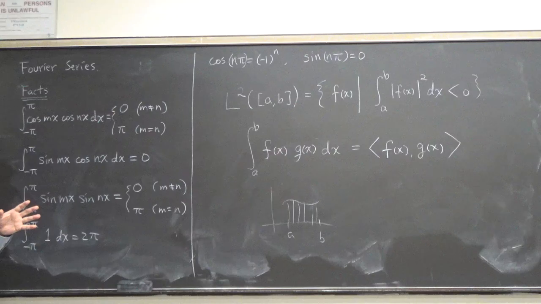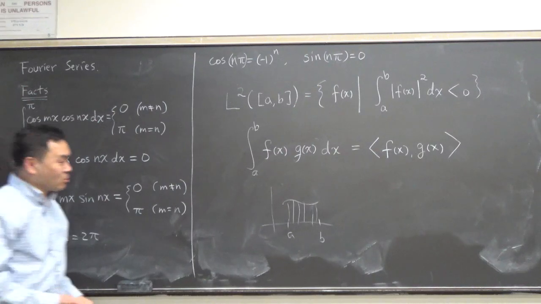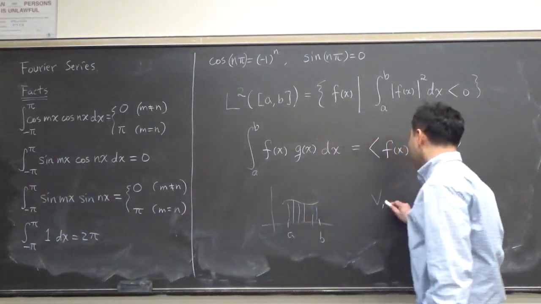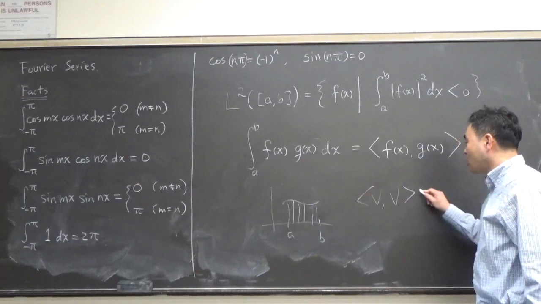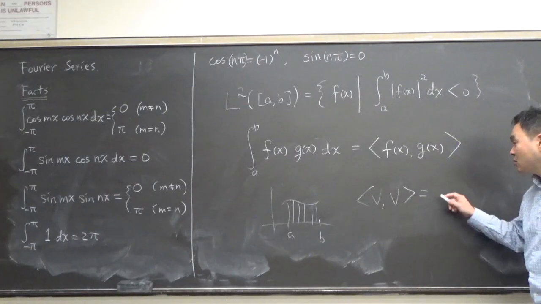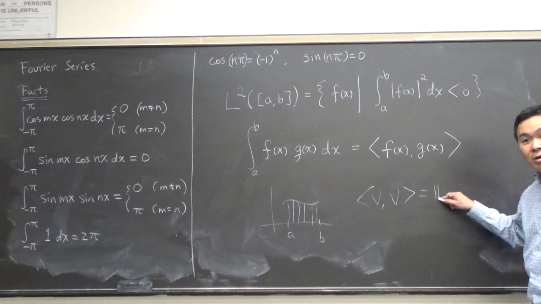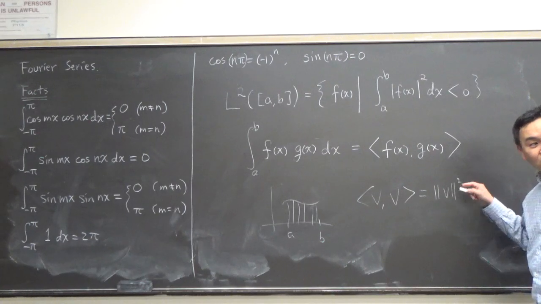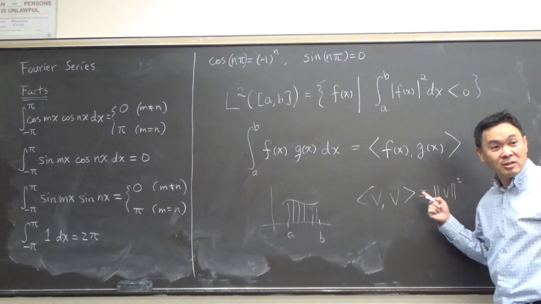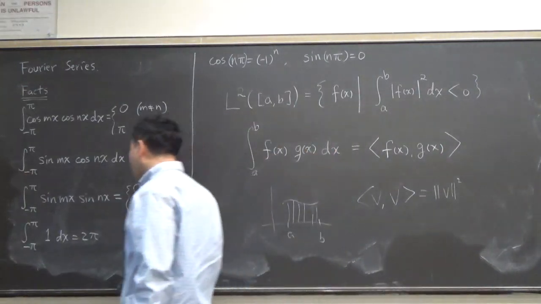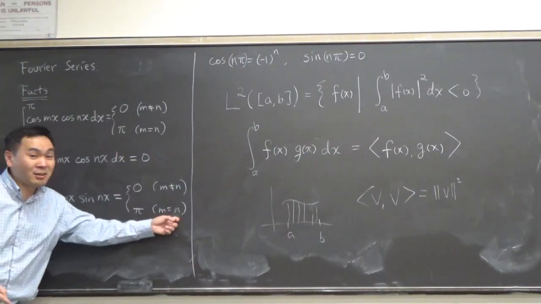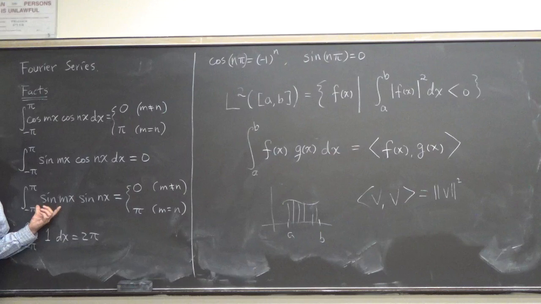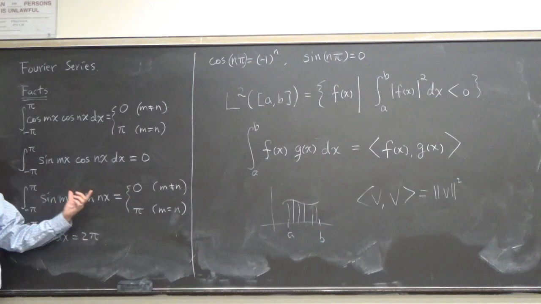Of course, here's another thing. If you have a vector dot product with itself, this is always equal to the norm squared. There's a norm of a vector, right? So when m and n are the same, you're essentially taking the vector multiplied with itself.